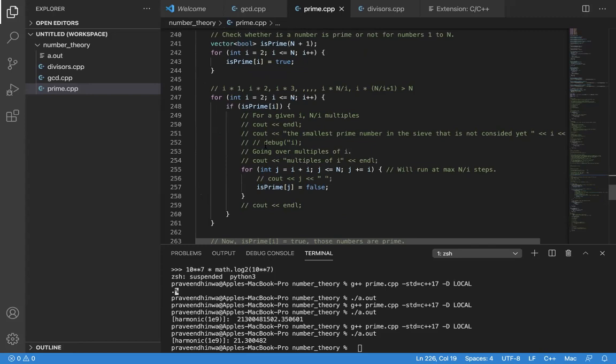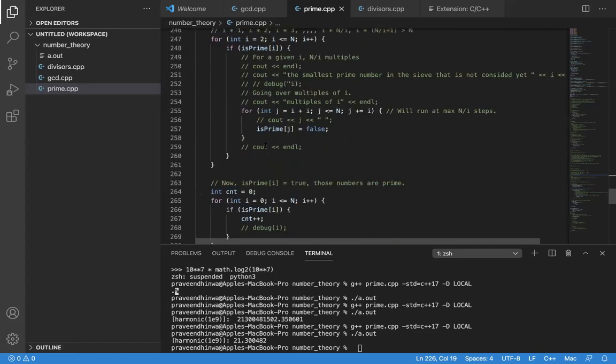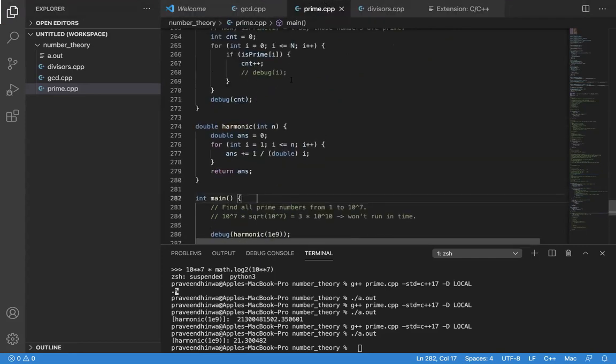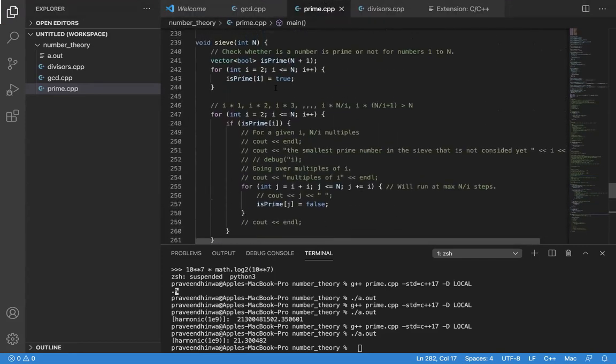Is this clear? Does anyone want me to go over any part that is confusing? If something is not clear, let me know. I will be happy to explain. Does everyone understand? If I ask you to write the sieve without looking at this code, will you be able to write it?